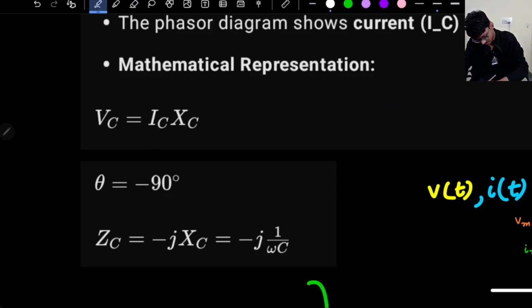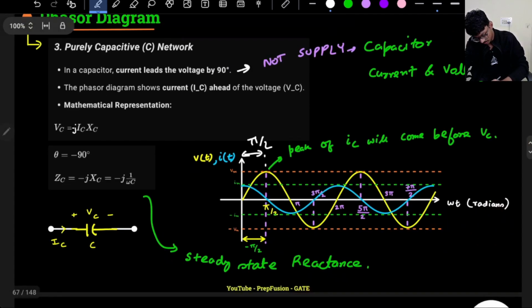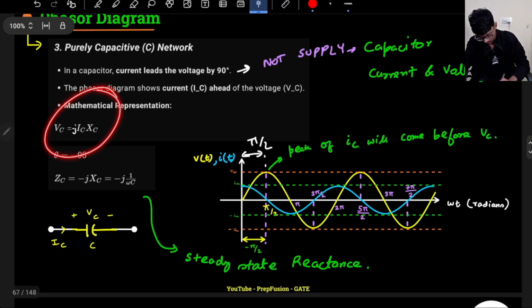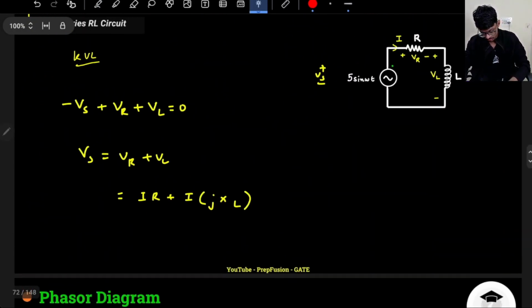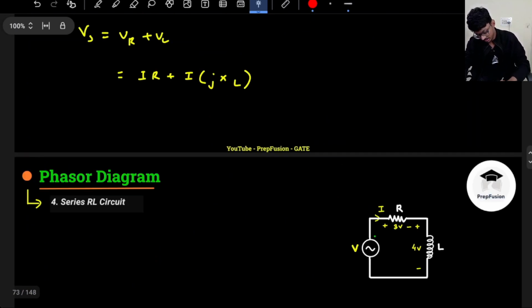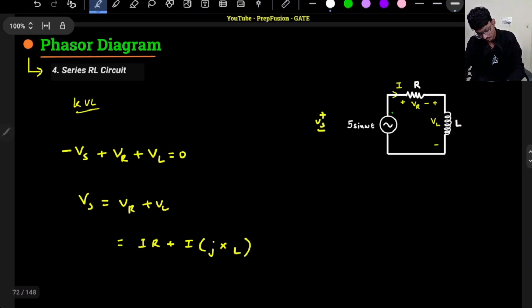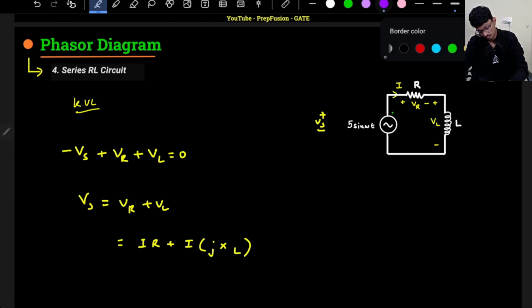I don't have space, so what we can do is reduce this. Minus j IC into XC. So that is the case. Same thing, your VR will be IR plus jXL.